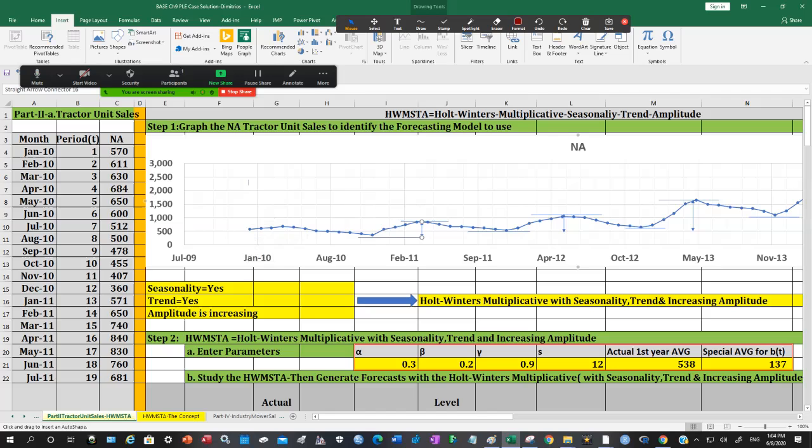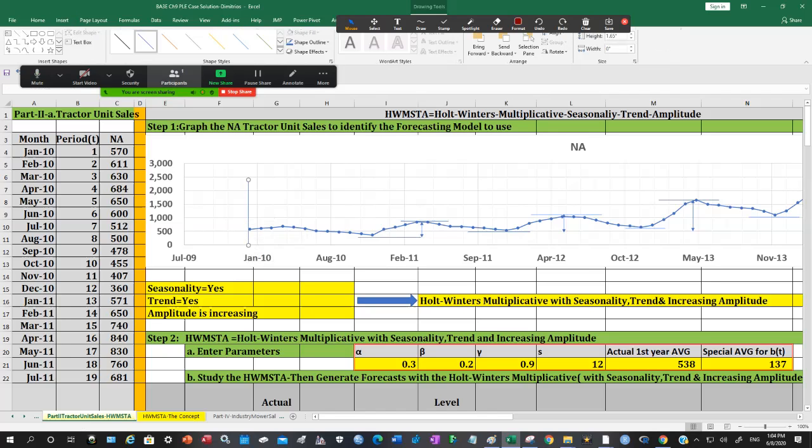Okay. Let's color that black. And if we go from January to January, I'm approximating here. The x-axis shows months, but it shows every 8 months, so I'm approximating.